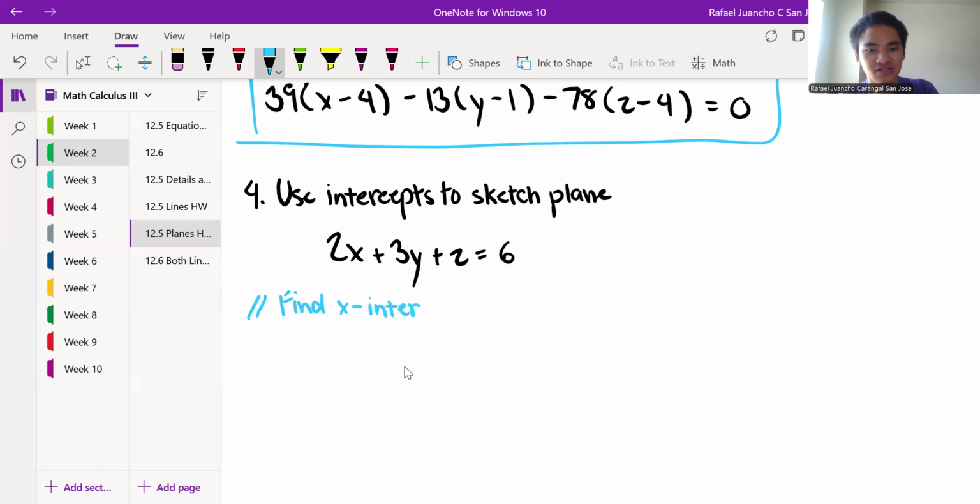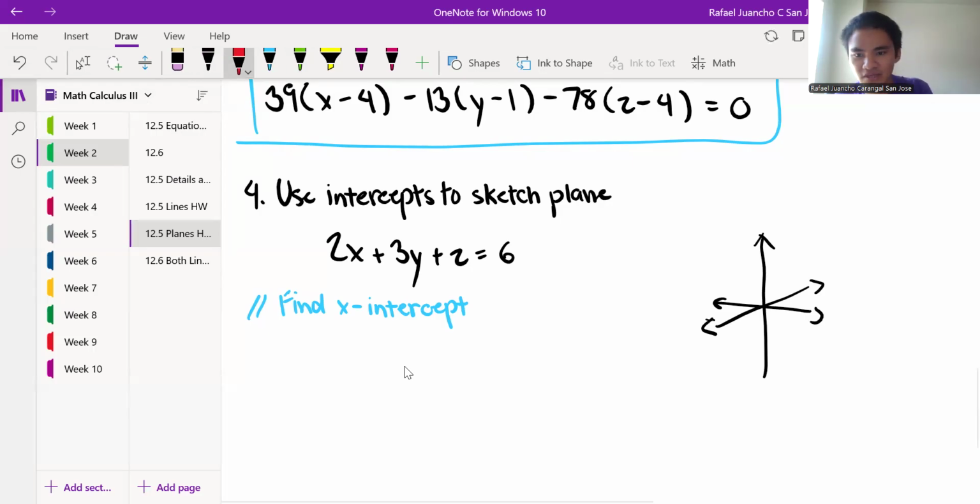So first I'm going to find the x-intercept. So what does it mean to be on the x-intercept? Well, it just means that to be in here, our y and z are 0 in 3D, right? That's what it basically means.